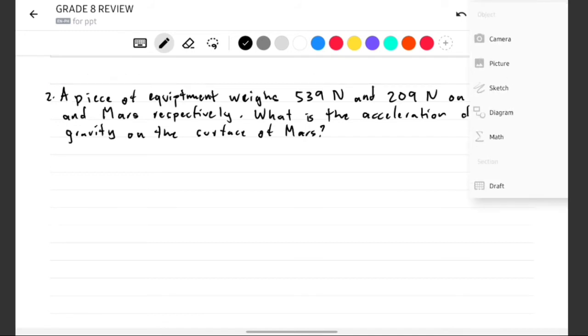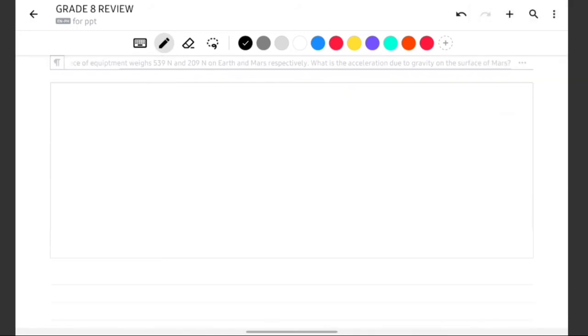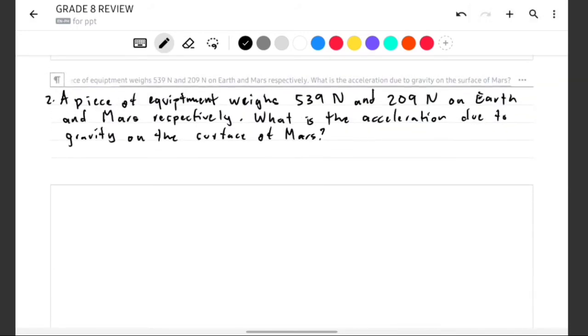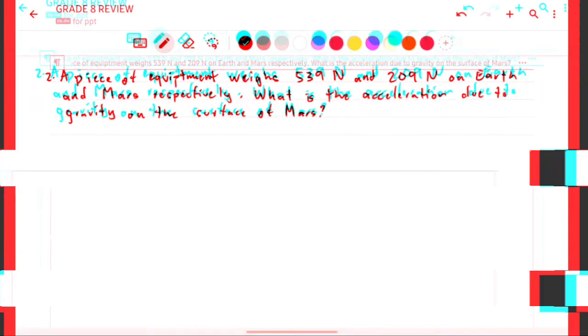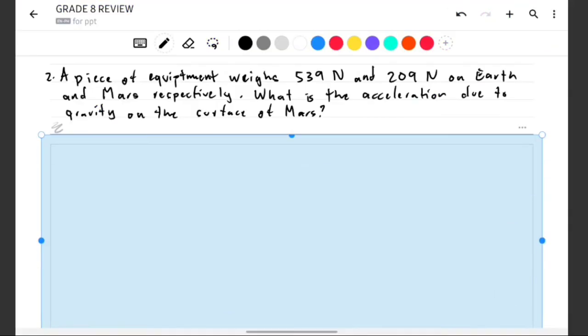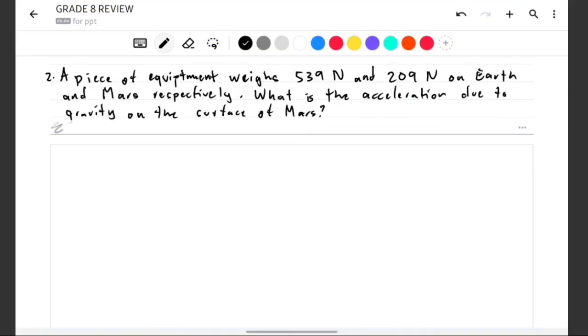Okay, so let's continue. You can try to answer this one by pausing the video, tapos i-continue nyo na lang. Okay, so first, ito yung equation. A piece of equipment weighs 539 newtons and 209 newtons on Earth and Mars respectively. What is the acceleration due to gravity on the surface of Mars?